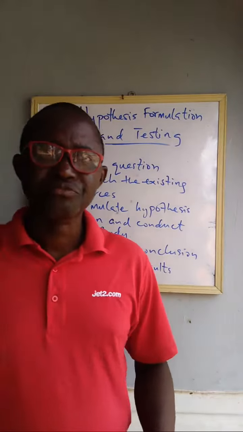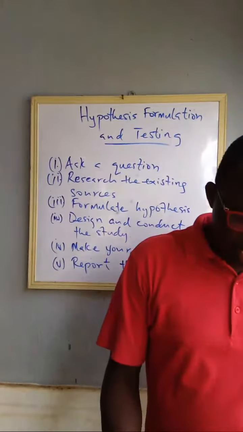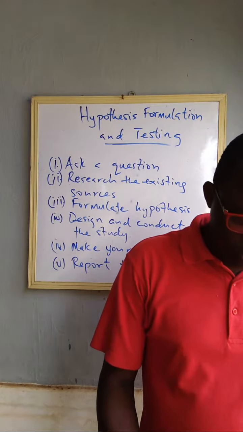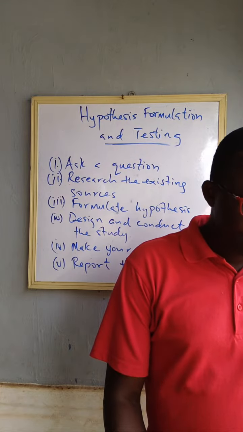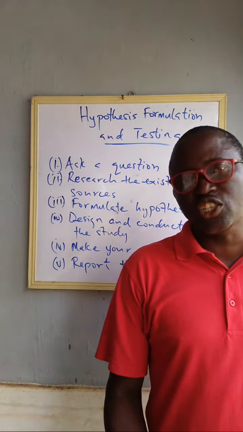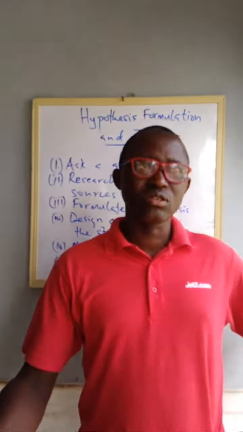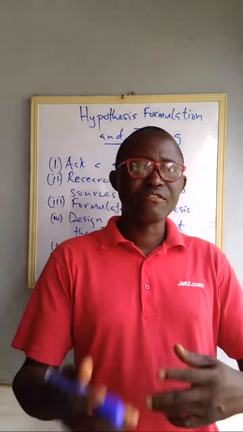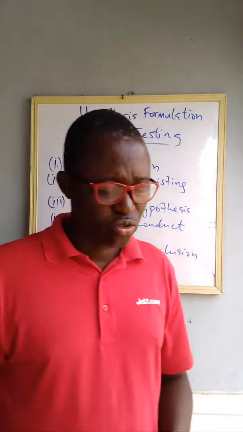All right. So now we want to look at the method of formulating a hypothesis. All right. So a hypothesis is a prediction, an assumption, or what we can say a testable prediction or testable assumption, so that after your test, you know which one is right or wrong.